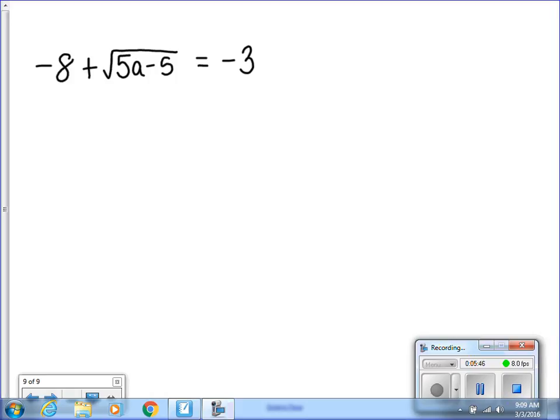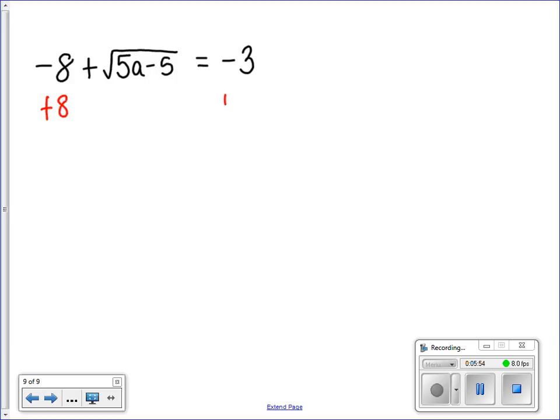So what's the first thing you have to do on this one? Add 8. Okay, and then what? Now it's ready to be squared. Now the radical's been isolated.